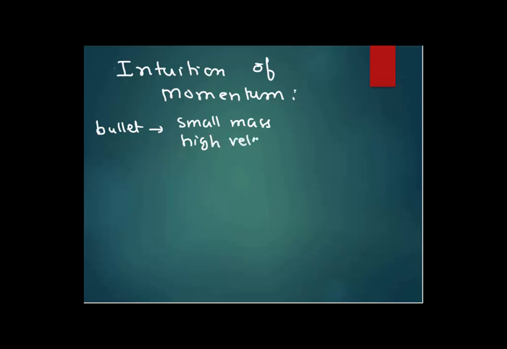Of course, we are talking of a bullet which has been fired from a gun. It has got very small mass, but it has got an extremely high velocity. And since momentum is given by mass into velocity, since the velocity is very, very high, the bullet would have a very large momentum. So even though the mass is small, the momentum is very high because of high velocity.